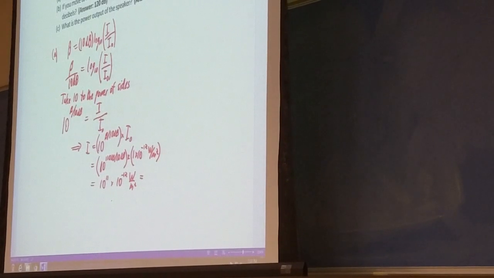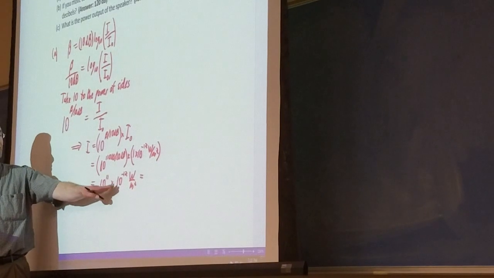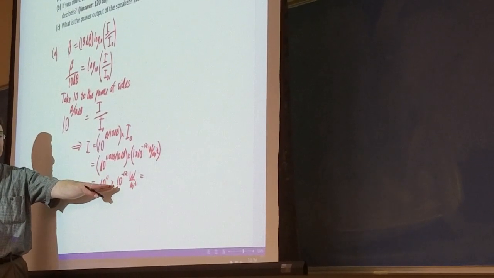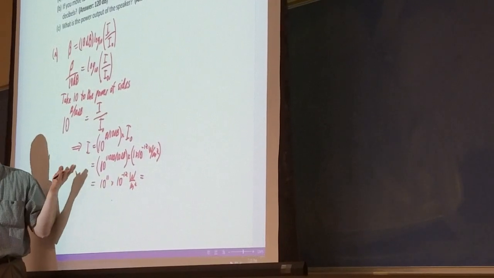Okay, well, when you're multiplying two things that are to different powers, basically what you're doing is you're adding the powers, all right? So 11 minus 12 is just negative 1, right?